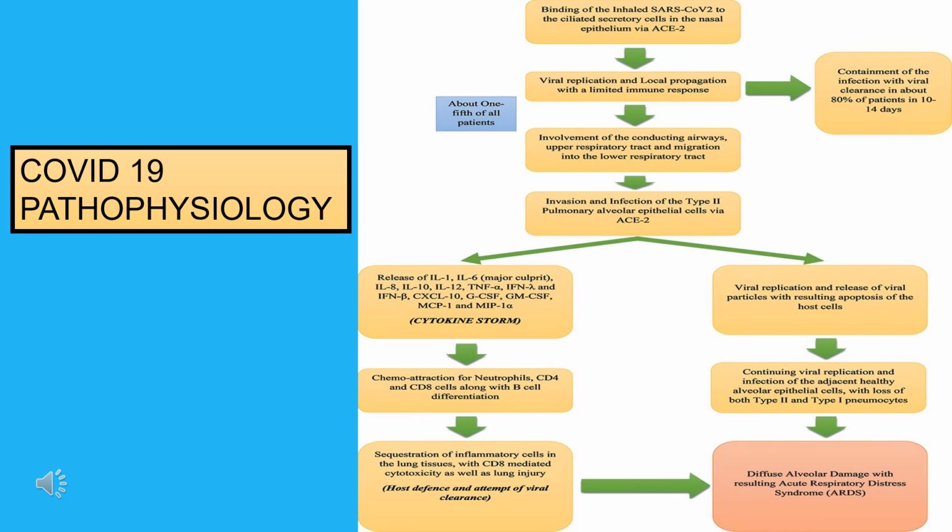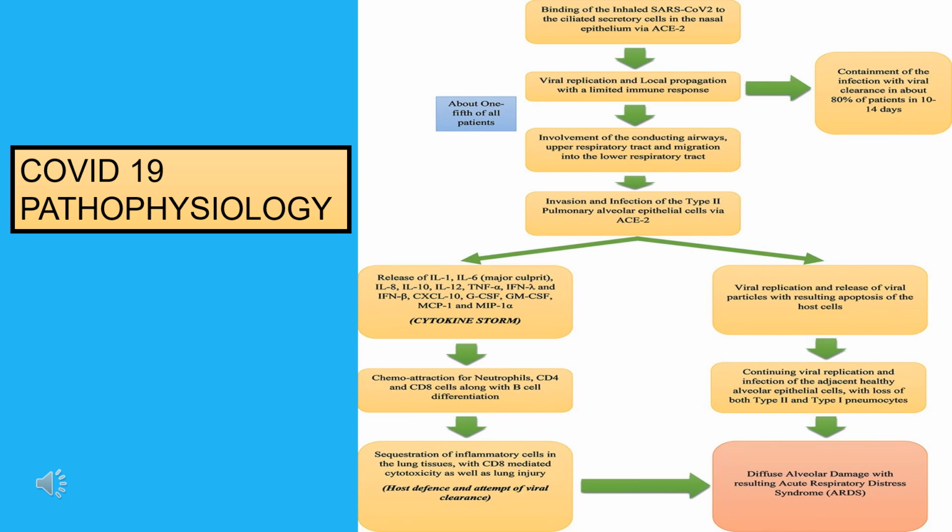Let us take the case of coronavirus during the height of the COVID pandemic way back in 2020, wherein mortality was quite high due to ARDS. Statistics have shown that during the height of COVID-19, about one-fifth of all infected patients progress to this stage of disease and develop severe pulmonary symptoms.